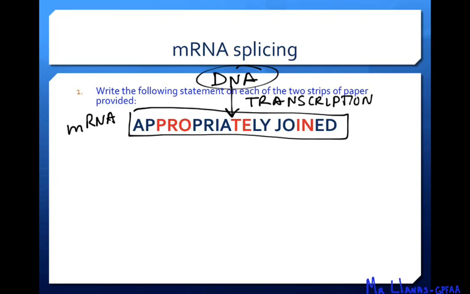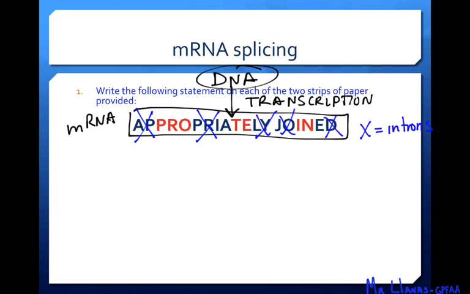But remember, post-transcriptional regulation can happen. So what's going to happen is these letters that are in blue are going to be taken out. And we said that the sections that get taken out, in this case the X's, are called introns. Those are not used to make any proteins.